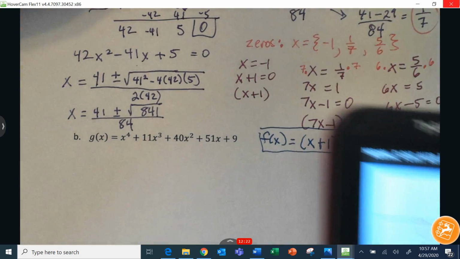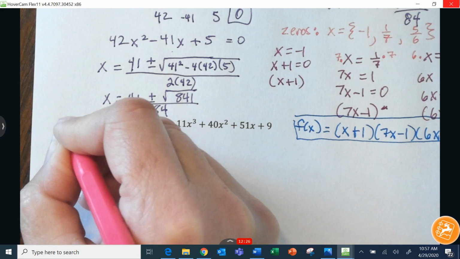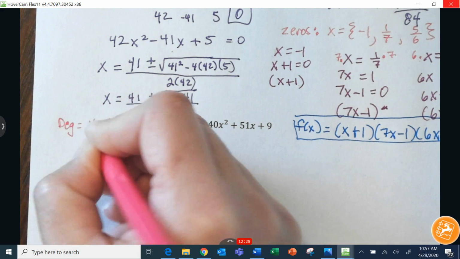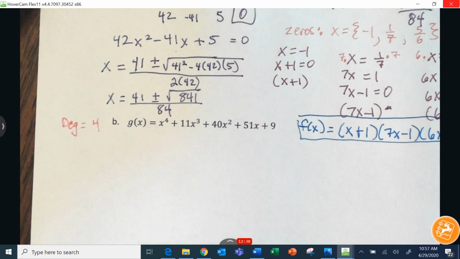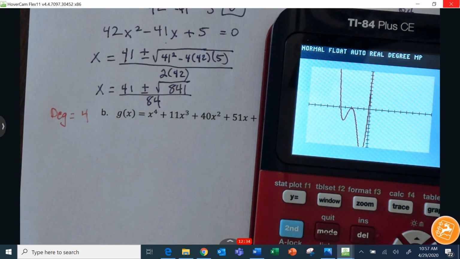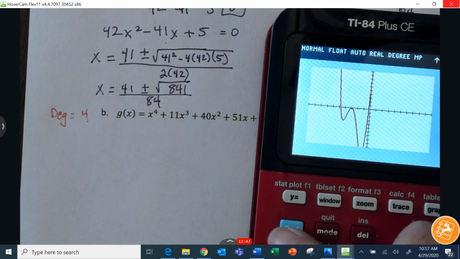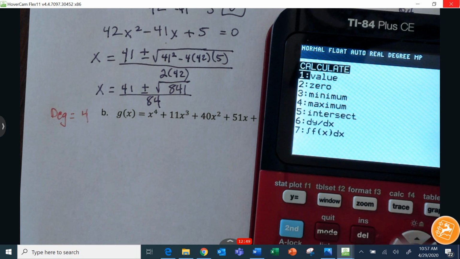All right, since this one is a degree of 4, I should have 4 linear factors when I'm done. So we're going to look here and try to find any zeros. I think at -3 there's a 0. I could check the first one, but that doesn't look nice. Let's see, trace 0.